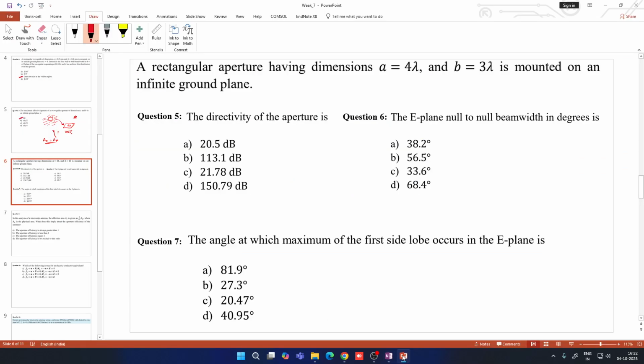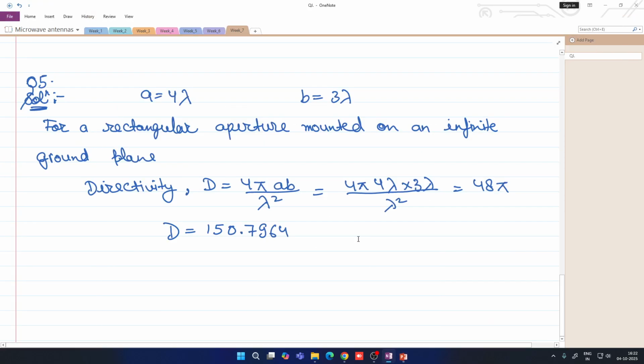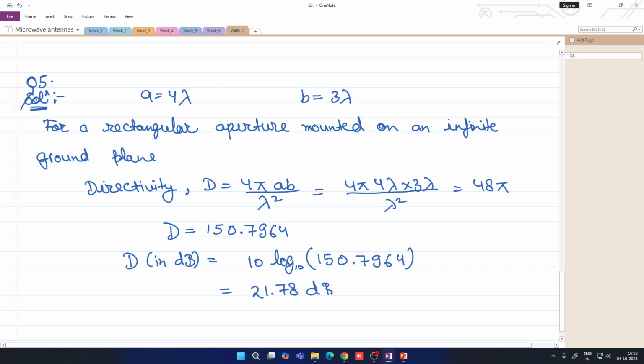The options are in decibels, so we convert it to dB. Directivity in decibels is 10 log 10 of 150.7964, which gives 21.78 decibels.